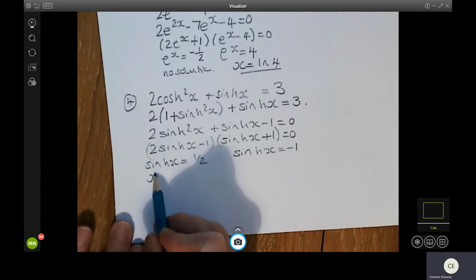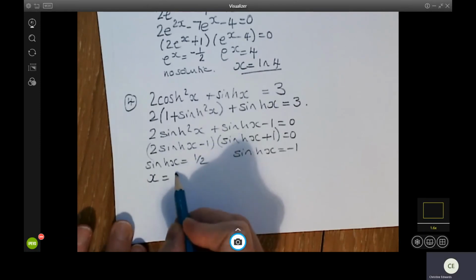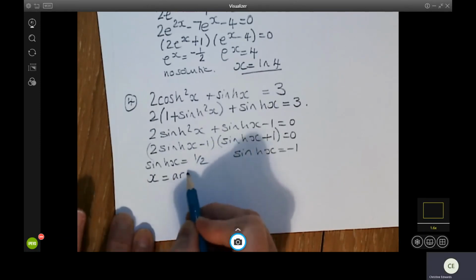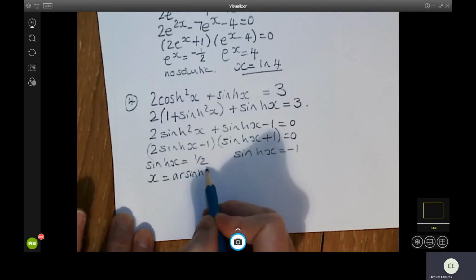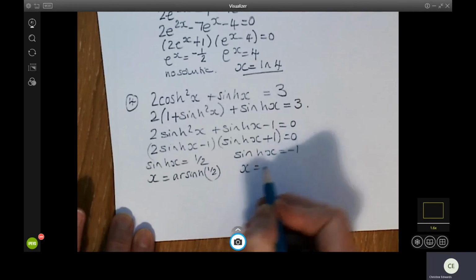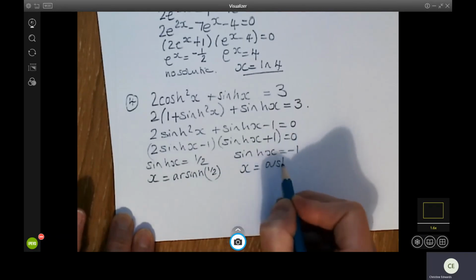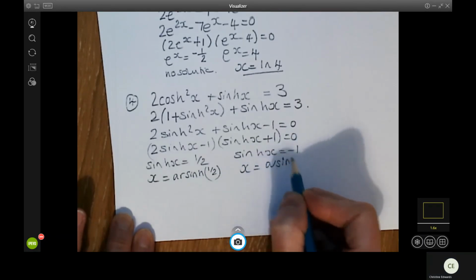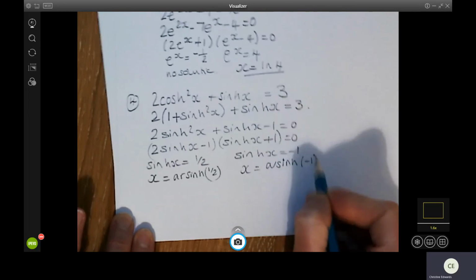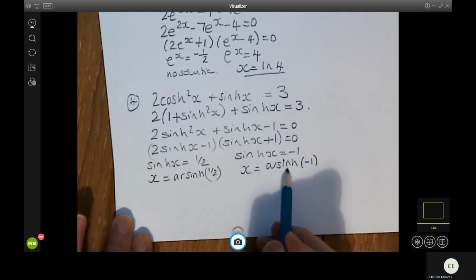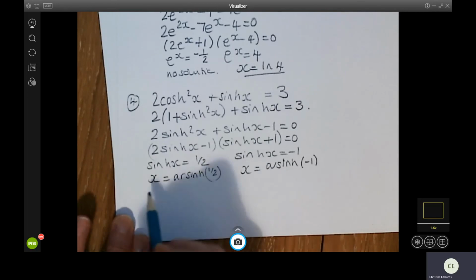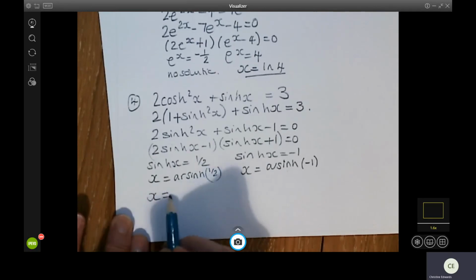And that means that x will be arsinh of a half, and x will be arsinh of minus 1. I can now go straight to my formula book and use the logarithmic definitions of the inverses.